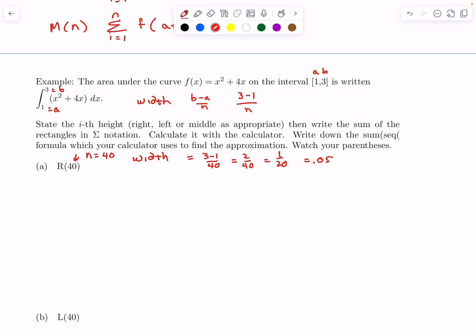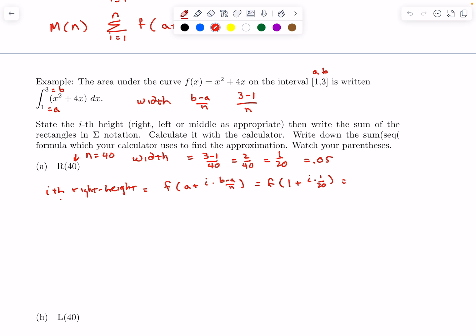So the ith height, a is 1 in this problem. Okay. a isn't always 1, be careful. a is whatever the lower bound is. i times 1/20th is just i over 20.